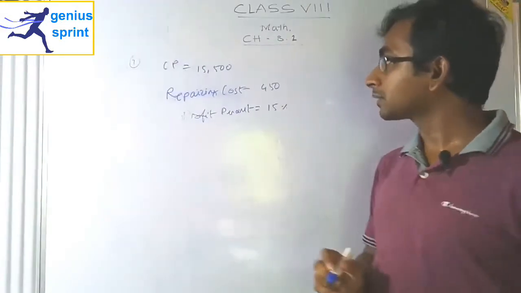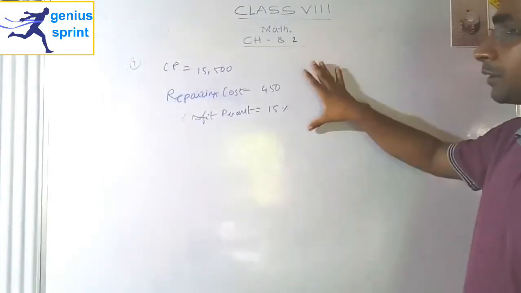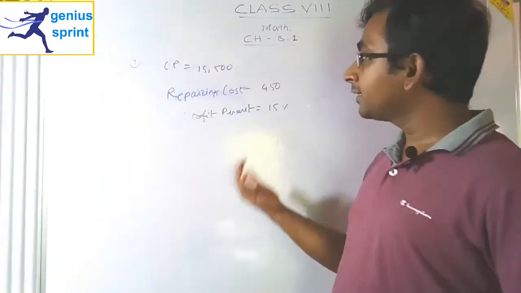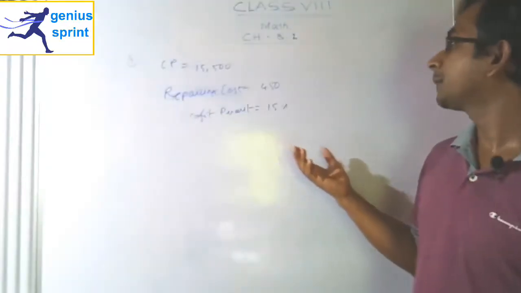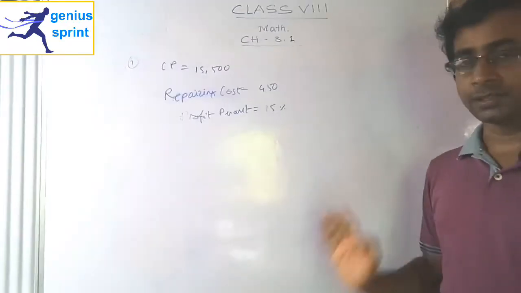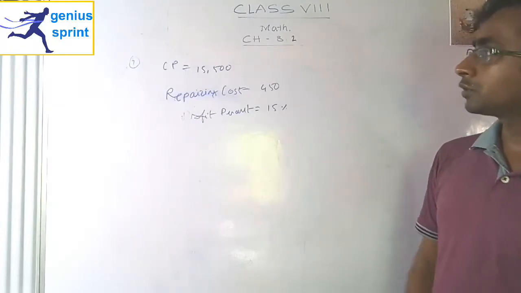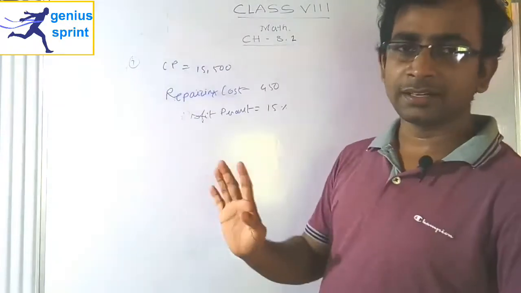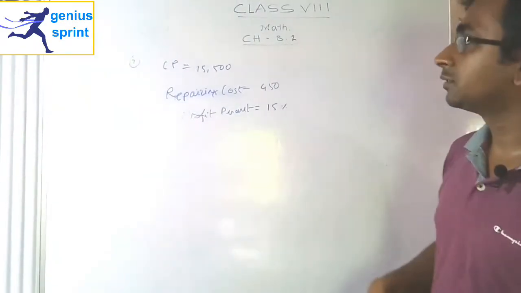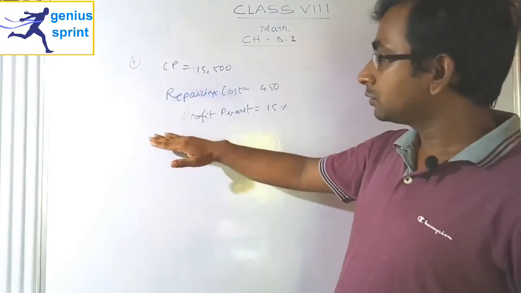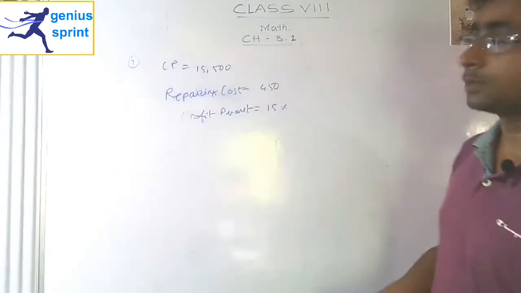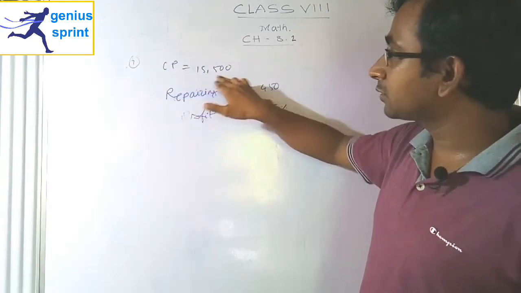Yes, 15%. See, this information is given to me, and then finally I am asked to find the selling price of these articles. What the article is is not important here. They want to know the selling price of the article whose cost price is 15,500.